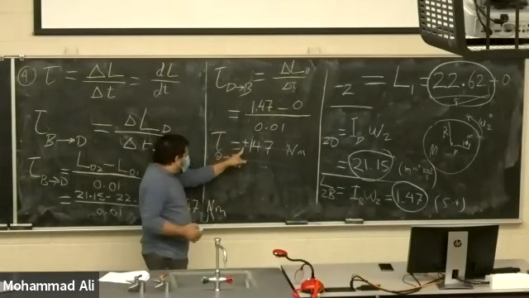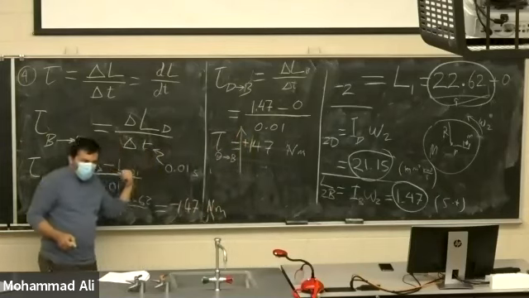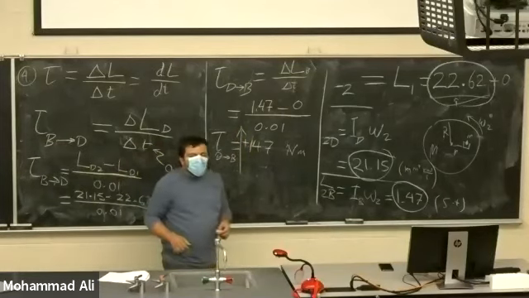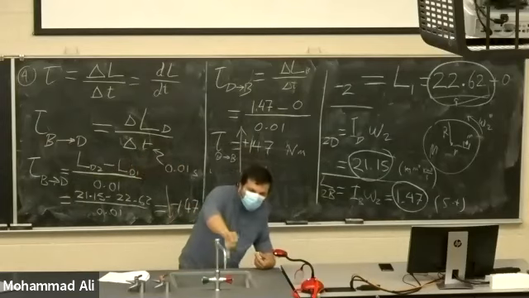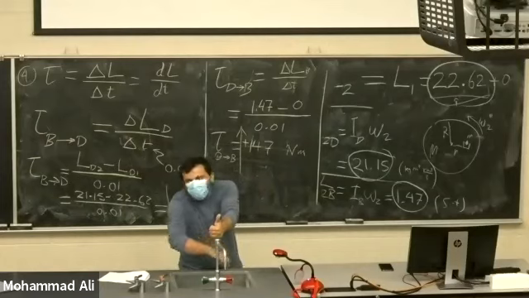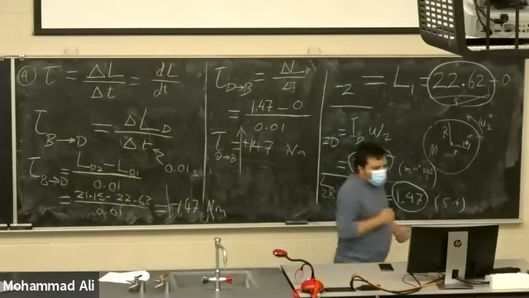So if the positive sign is the z direction, as I told you before, the negative sign is the negative z direction. So the torque from the ball on the disc is in the negative z direction, and the torque from the disc on the ball is in the positive. Is it understood? Any question online?